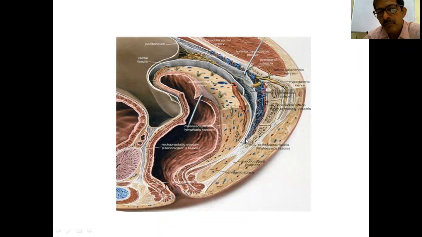So this is the Waldeyer's fascia, and you are supposed to open like this in this cleavage. Okay. So this is the Waldeyer's fascia, right? You are not supposed to open here also.